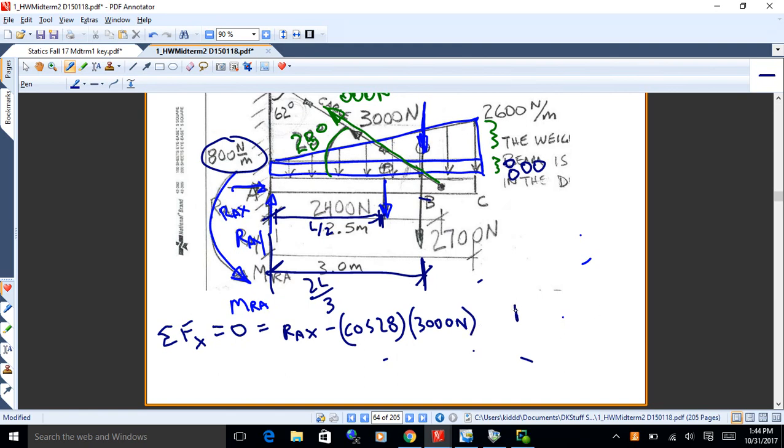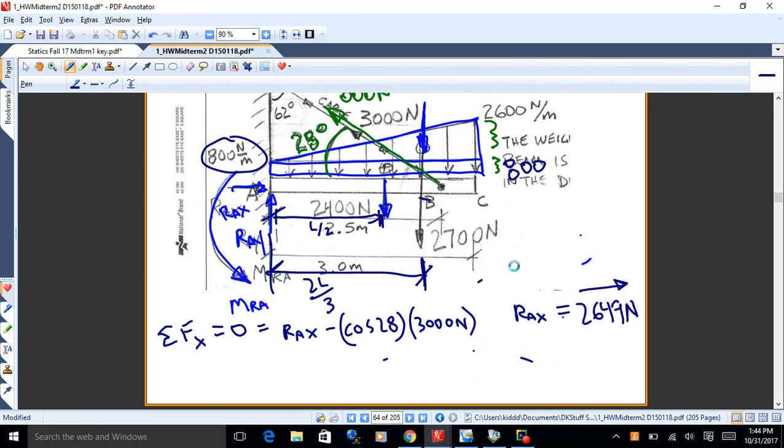So given that, you can solve for RAx. Okay. Now, when I do that, I assumed it to the right, so I put it in as a positive. When I solve for it, I'll get a positive answer, and I got 2,649 newtons is what I got. So that is indeed to the right.